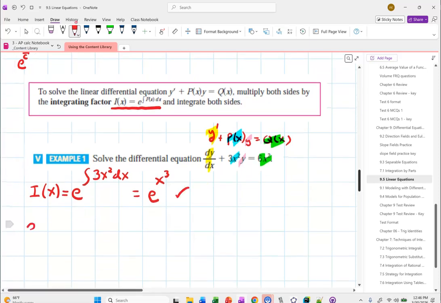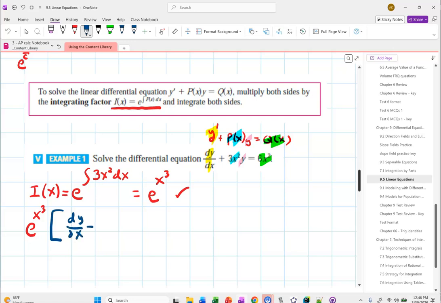So that's what I need. I'm going to multiply that integrating factor now by both sides of my linear differential equation. Is everybody okay with what I just did?